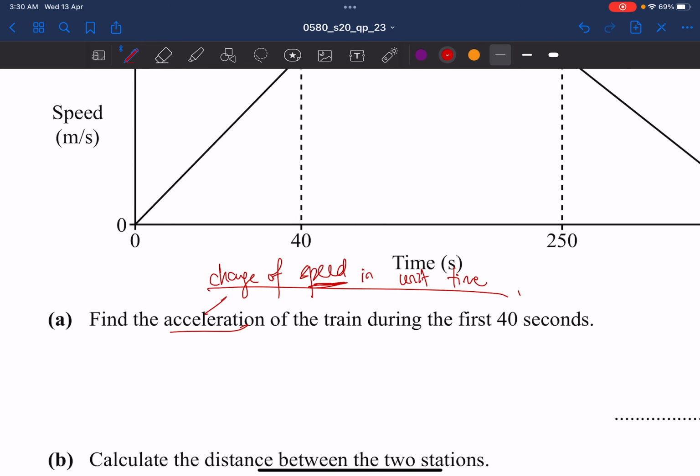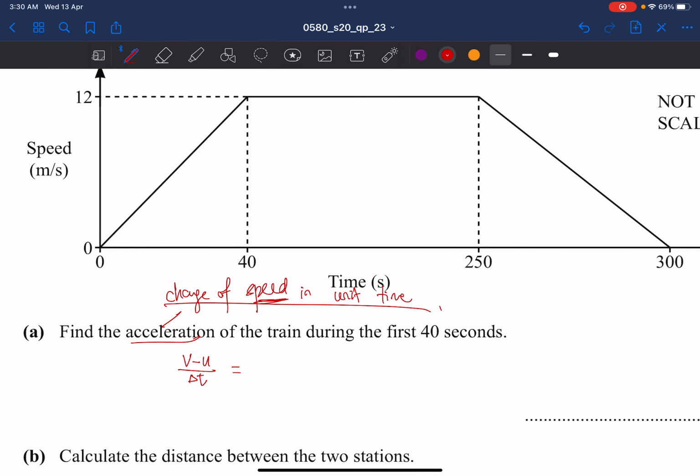So according to this definition, it will be final speed minus initial speed divided by time taken, delta t. For the first 40 seconds, the final speed is here, 12, minus initial speed 0, divided by the time taken, 40 seconds.